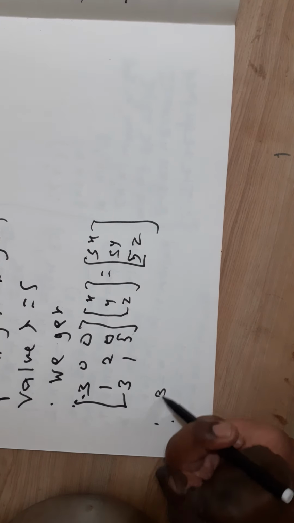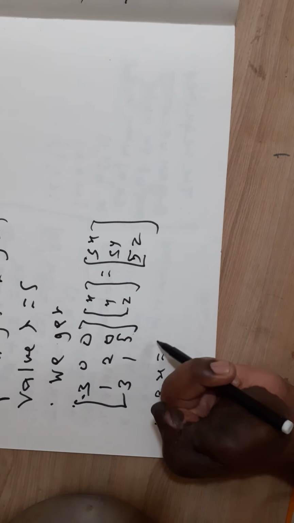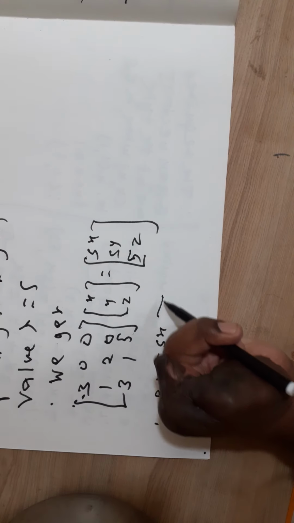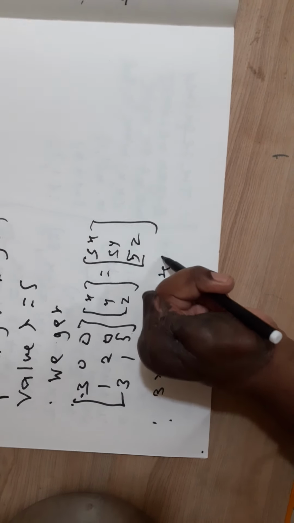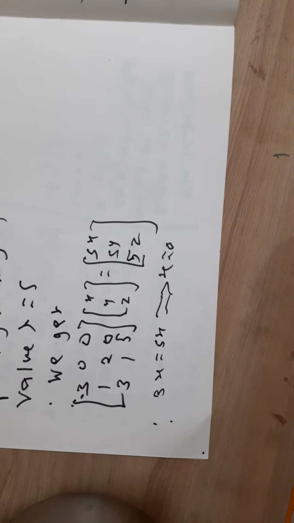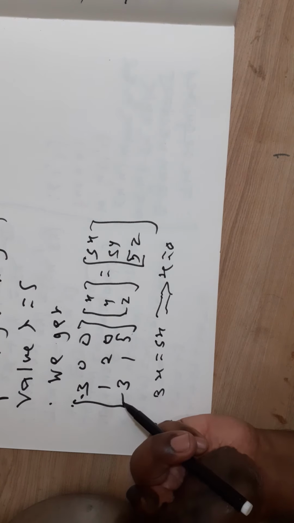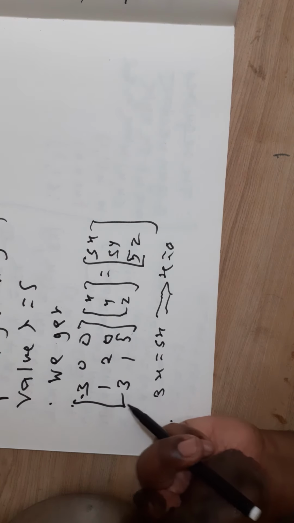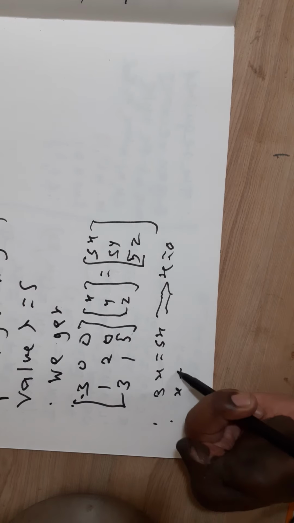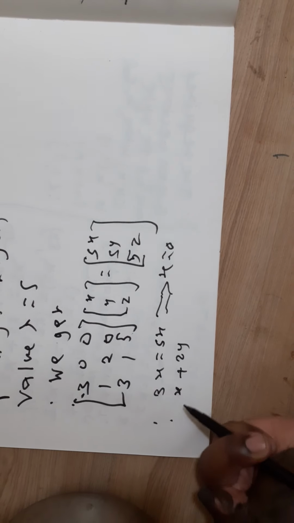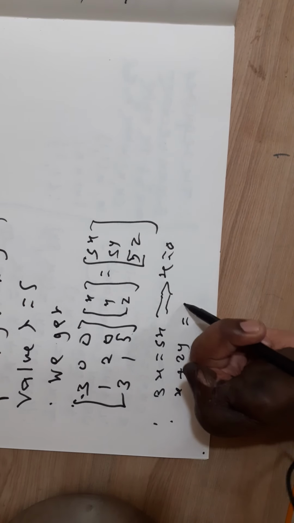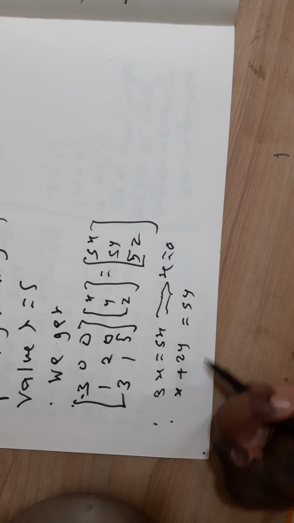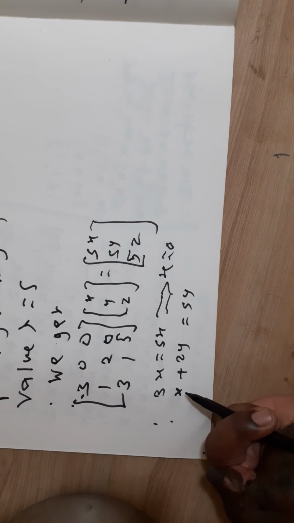Therefore 3x is equal to 5x implies x is equal to 0. Then x plus 2y is equal to 5y implies y is equal to 0 because x is equal to 0.